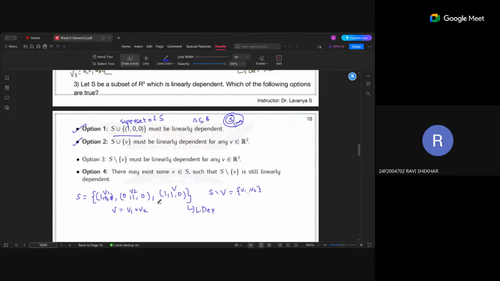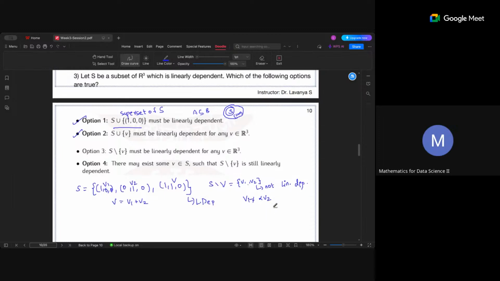No. In that case, V1 is not a scalar multiple of V2 for any alpha. So these two are not linearly dependent. For now I have not introduced linear independence, so I say not linearly dependent, because they do not satisfy this condition.